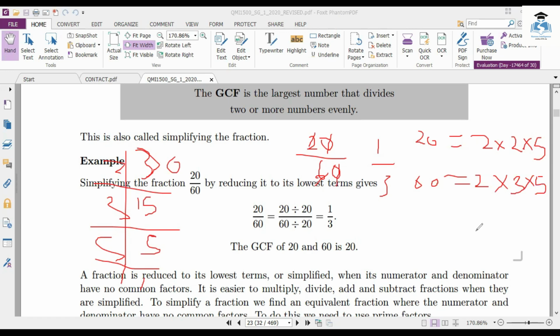Now when you are looking for the highest common factor of 20 and 60, obviously you get 2 times, then the other one which is common, 5.